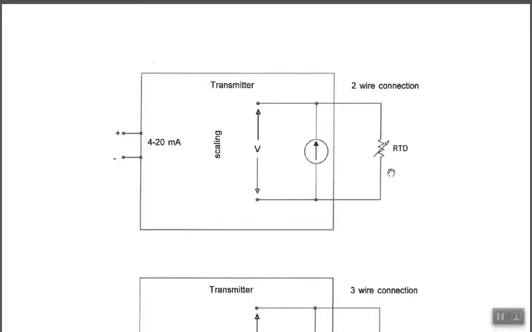So an RTD is just a resistive device. RTD might stand for resistive thermal device or resistive temperature detector, but it's just going to be made out of metal, which has a positive temperature coefficient. Probably the most common is a very thin platinum wire, perhaps.